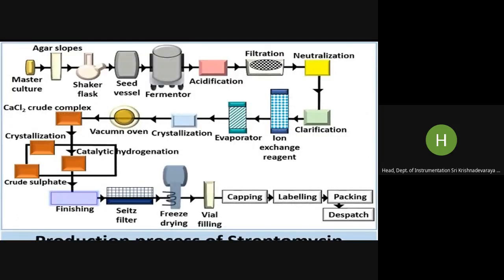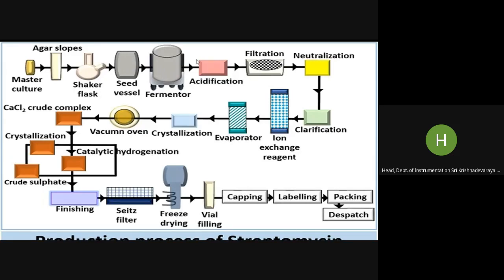If you see the production process of a typical antibiotic, streptomycin, this is a different process. You have a master culture going through agar slopes, then a shaker flask, a seed vessel, and then the fermenter. Here we are getting the basic process, and then it goes to acidification, filtration, and neutralization.